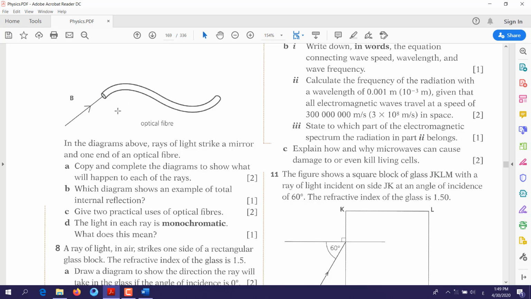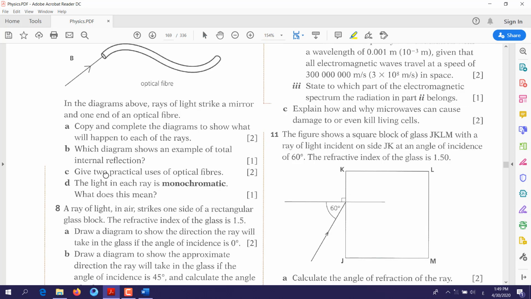Here, the optical fiber. C. Give two practical uses of optical fibers. For what do we use optical fibers? As we mentioned before, we can use them for telephones and also for the endoscope. Endoscope is for looking inside the human organ.